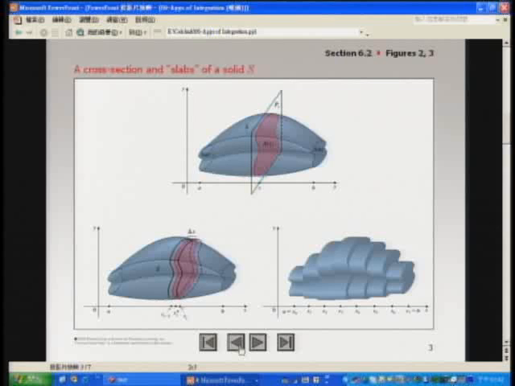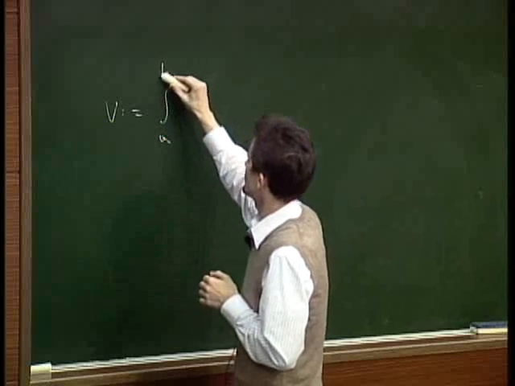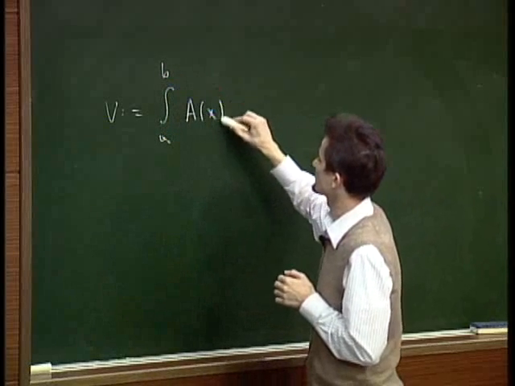Since the integral roughly means summing up very tiny quantities, you can also look at the definition of the volume which we obtained by this process as summing up all the areas of the cross sections. By definition, the volume is the integral from a to b of A(x) dx.